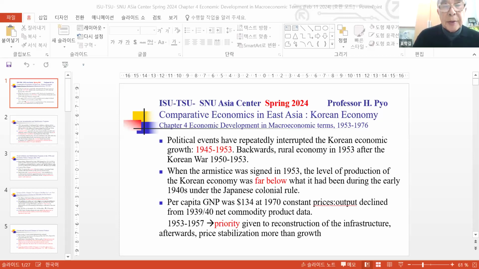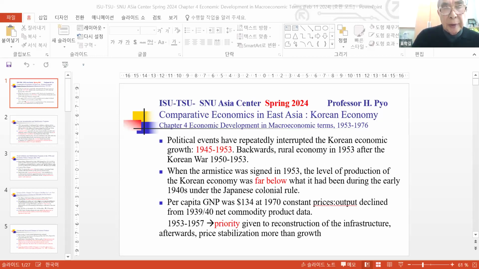This chapter starts: political events have repeatedly interrupted Korean economic growth, as we have seen in historical terms in chapters 2 and 3. In 1945, the liberation year, the Korean Peninsula was liberated from Japanese imperial rule due to the end of World War II.